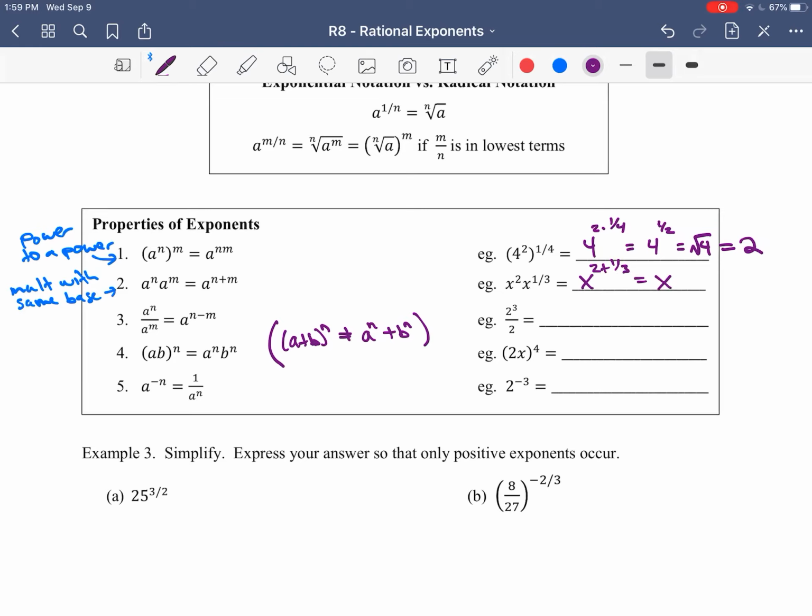I'm going to have to make a common denominator here. So 2 is the same as 6 over 3. So this is going to be x to the 7 over 3, which we could write as the cube root of x to the 7.